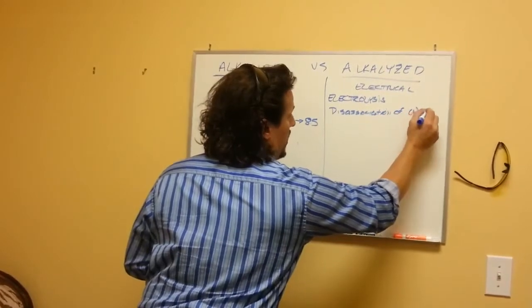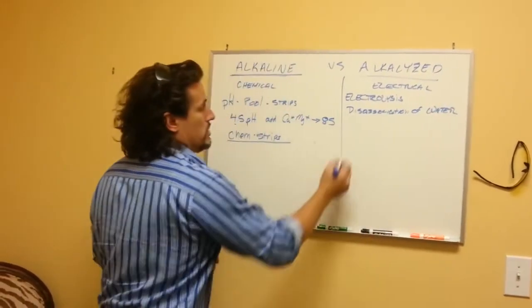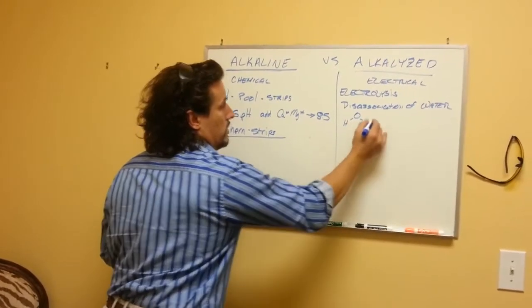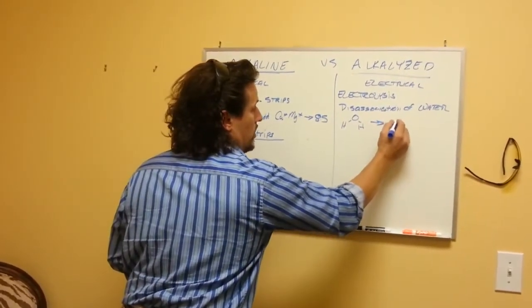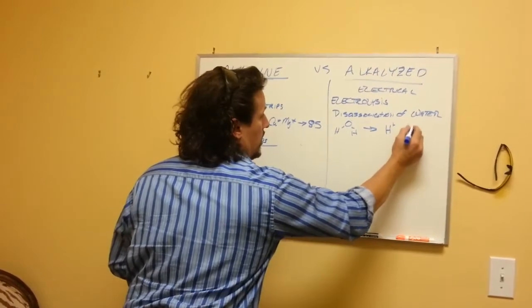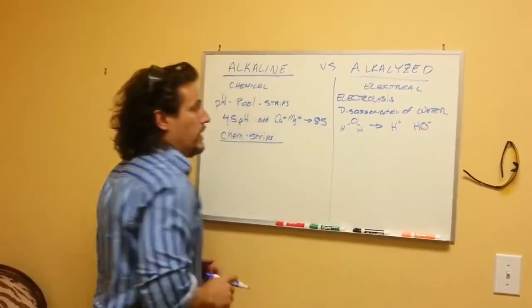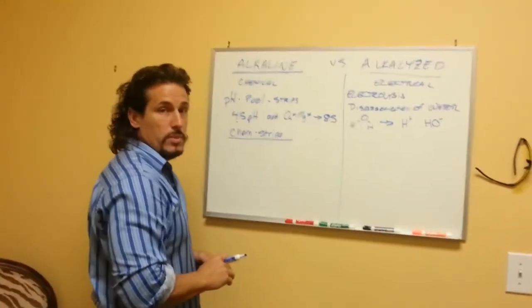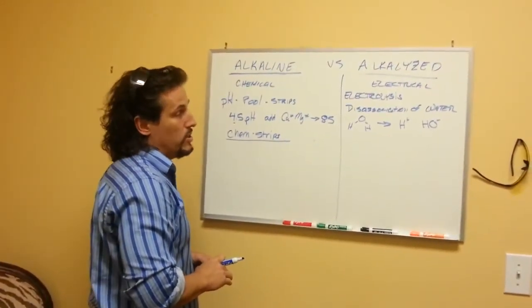And you can Google that. Basically, it's the process by which you take water and you split it into a hydrogen ion and a hydroxyl ion. The hydroxyl gives you a free electron that you can use to be a free radical scavenger.